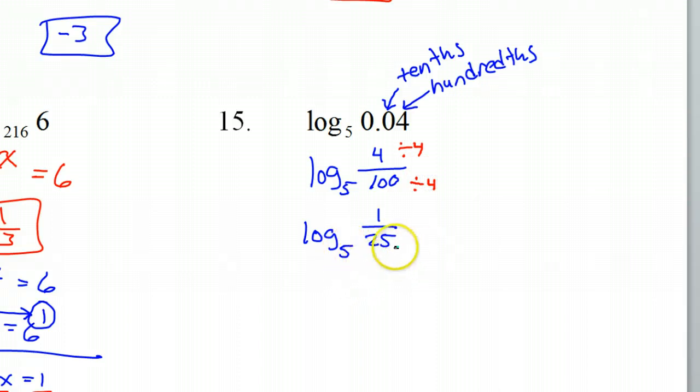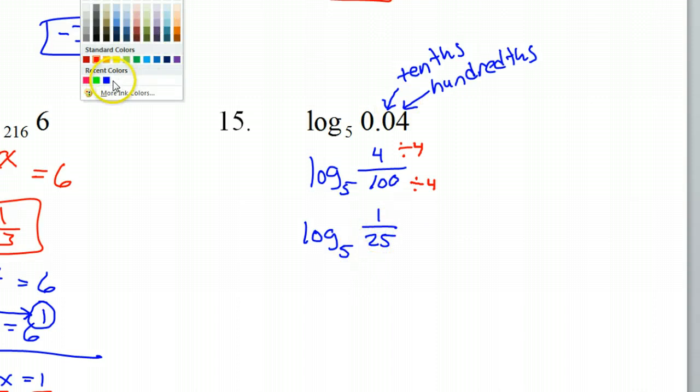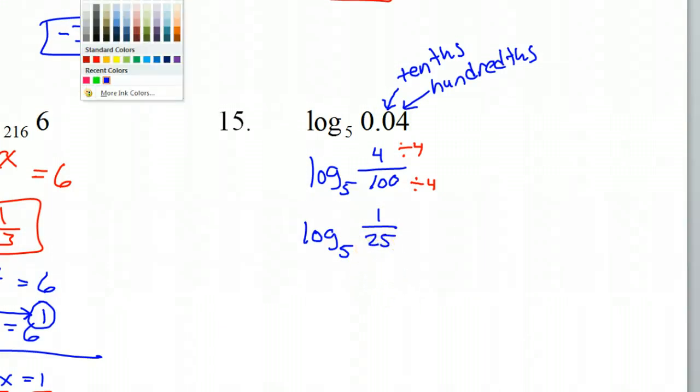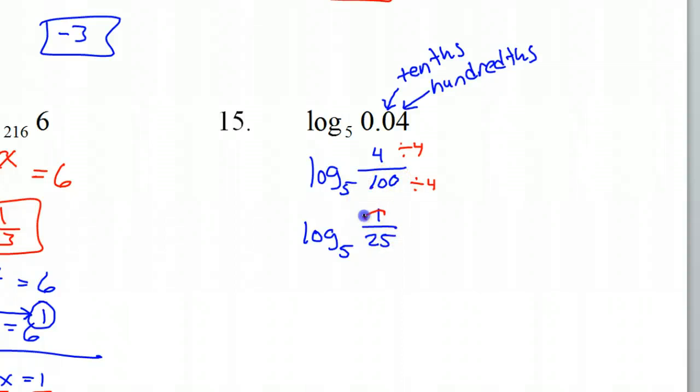Okay, so as far as evaluating this, I'm going to show you 2 ways to think about this. What I taught you the first time through was, remember when you have 1 over something, kind of scribble out the 1 and then ask yourself the log question. 5 to the what power gives you 25?